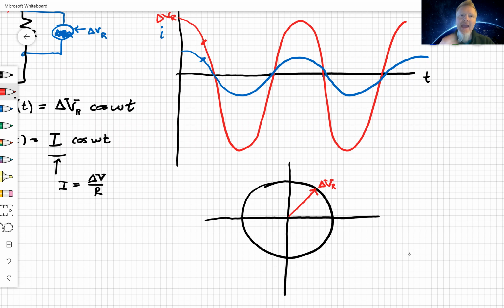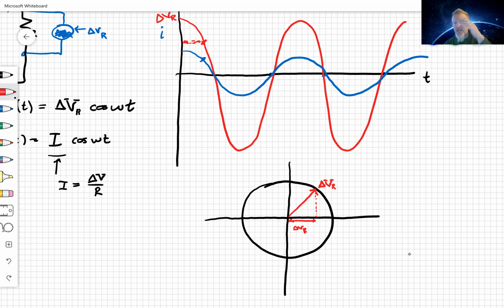And then the actual value of the voltage as given by this graph, if I were to read this value, would be this distance right here. That's delta little v, at that particular instant.